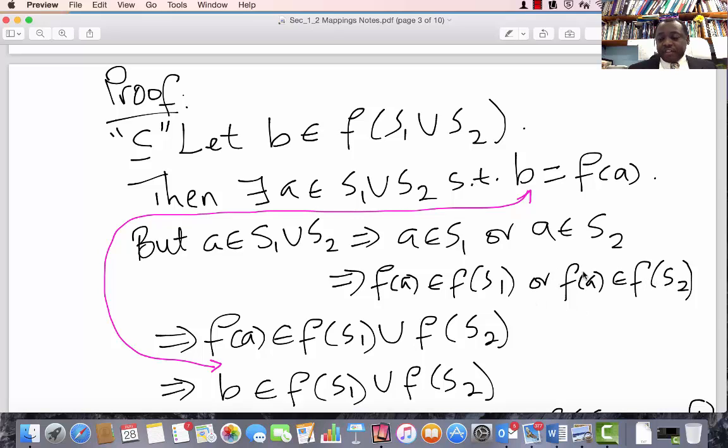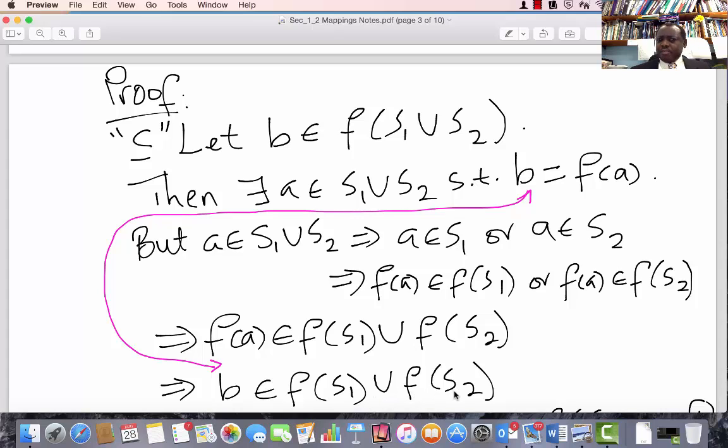What does that mean from section 1.1? It means f of a is an element of f of S1 union f of S2. But what is f of a? f of a is B. So that means B is an element of f of S1 union f of S2.